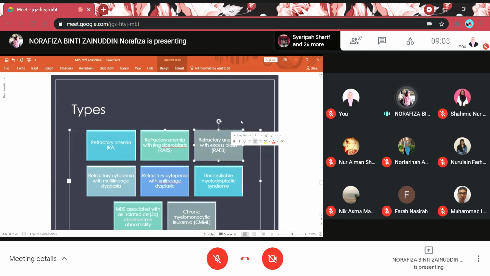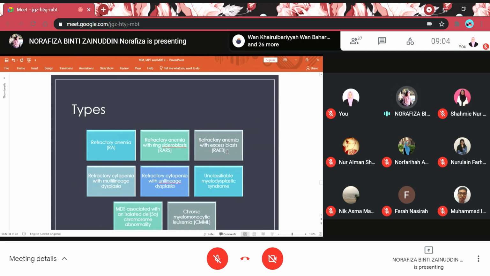So for patients with refractory anemia with excess blasts, there are too few red blood cells in blood. Patient has anemia. 5 to 19% of the cells in the bone marrow of these patients are blasts. And there are also changes to the white blood cells and platelets. So these patients can actually progress to AML.